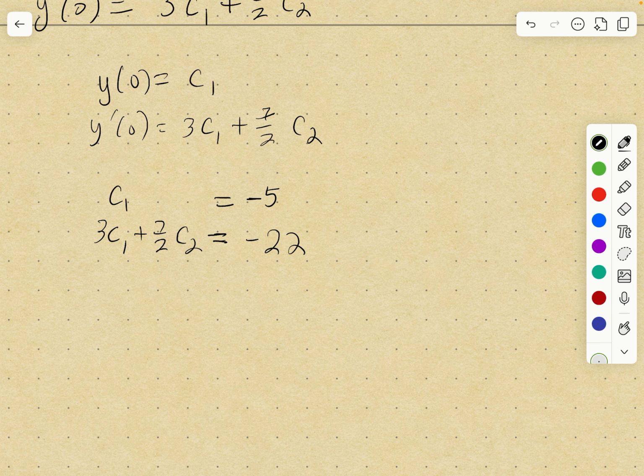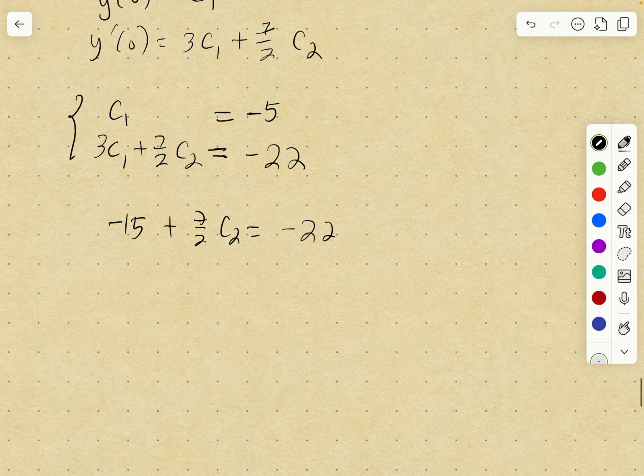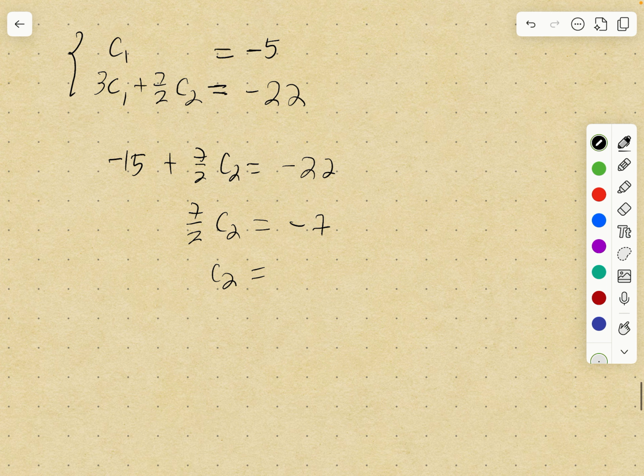Well, this is actually really easy, right? Because we're actually given what C1 is. C1 is negative 5. So for the second equation, you get negative 15 plus 7 over 2 C2 is negative 22. Add 15 to both sides, you get 7 over 2 C2 is negative 7, so you get C2 is negative 2. And so we get the answer.